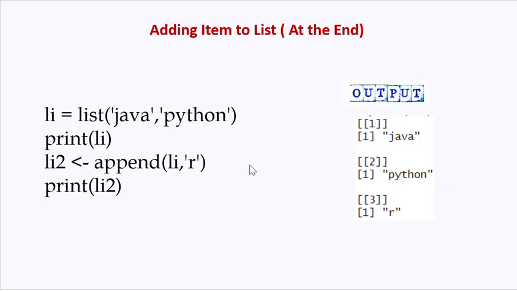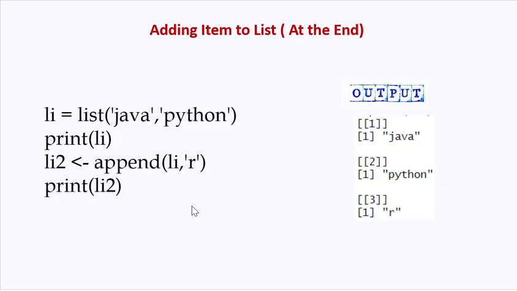And how to create this? We have a list, Java and Python, created using the list built-in function, and we printed the list, and you can append it with the help of this append function, and this appended list is the new list. We create one more list from the existing created list li.